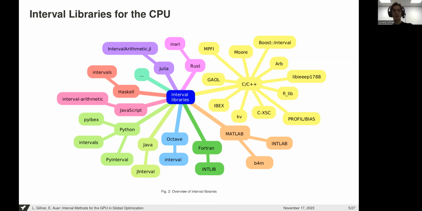But we also have some wrapper libraries, for example, the high-level PyIbex for Python, which wraps the Ibex library. And so pretty much every major programming language today has interval arithmetic available.